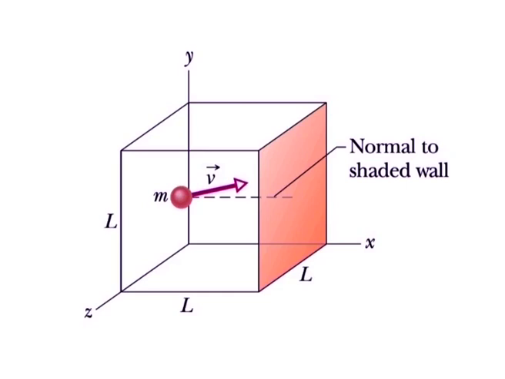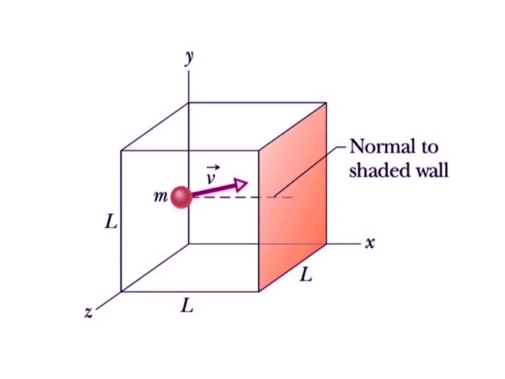Because we assume that any collision of a molecule with a wall is elastic, when this molecule collides with a shaded wall, the only component of its velocity that is changed is the x component, and that component is reversed.